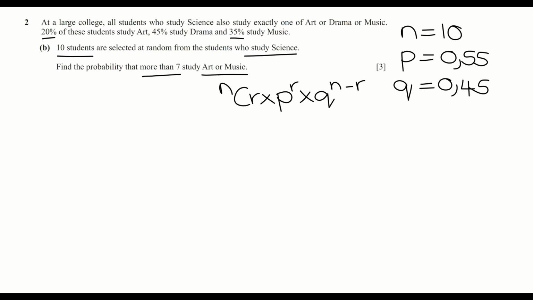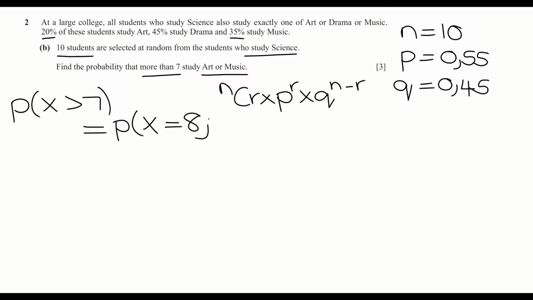We're looking at the probability of more than 7 students. So I can say the probability that X is greater than 7 out of a total of 10, which means we're looking at values where X is equal to 8, 9, or 10.